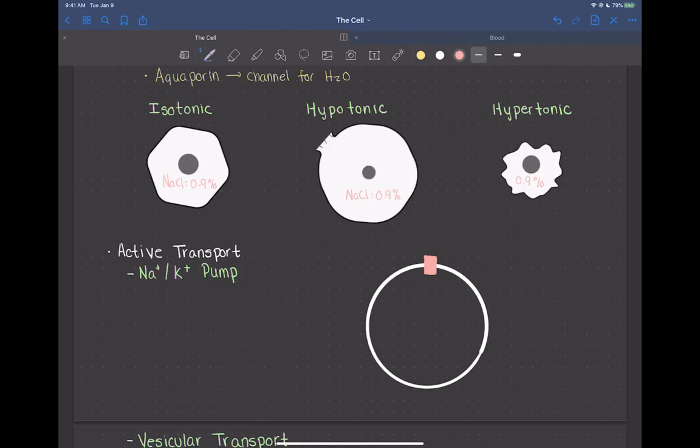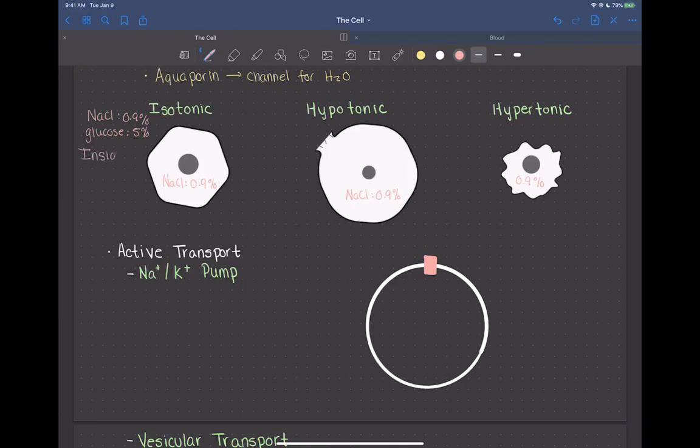Cells also have a glucose concentration, and this is important if you're going into the medical field, of about 5% on the inside. So salt is always going to be 0.9%, and glucose is going to be 5%.